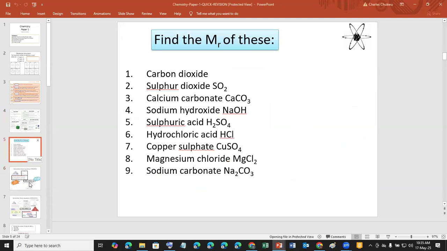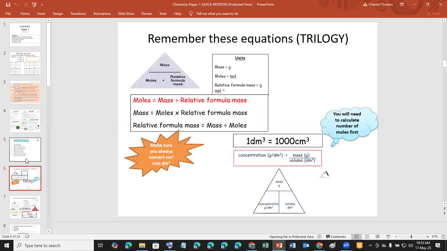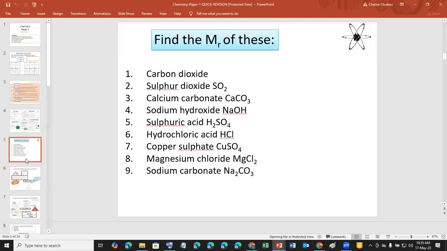Okay, all right. Maybe we should just talk about them in terms of their names. As a point of reminder, carbon dioxide looks like this, CO2.